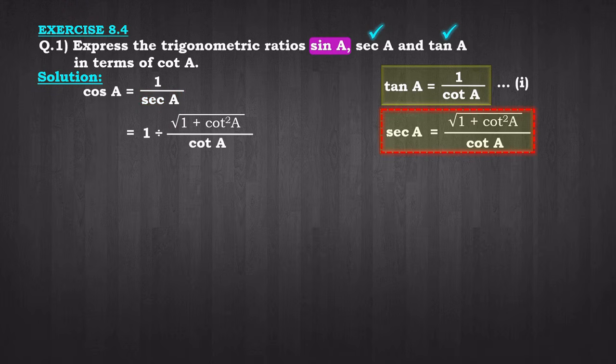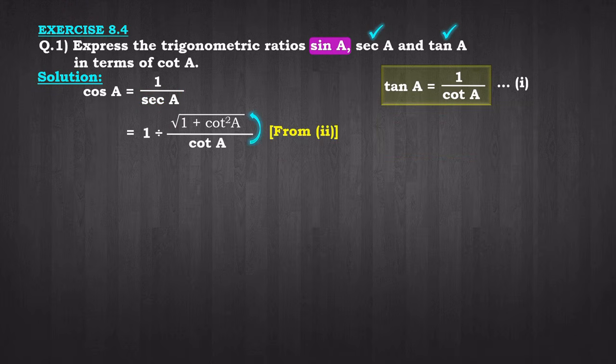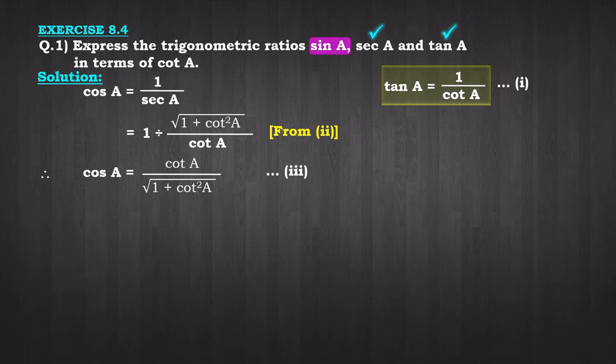This gives cosine A is equal to 1 divided by the square root of 1 plus cotangent squared A divided by cotangent A. Dividing by a fraction is the same as multiplying by its reciprocal. So, cosine A is equal to cotangent A divided by the square root of 1 plus cotangent squared A. This is equation 3.